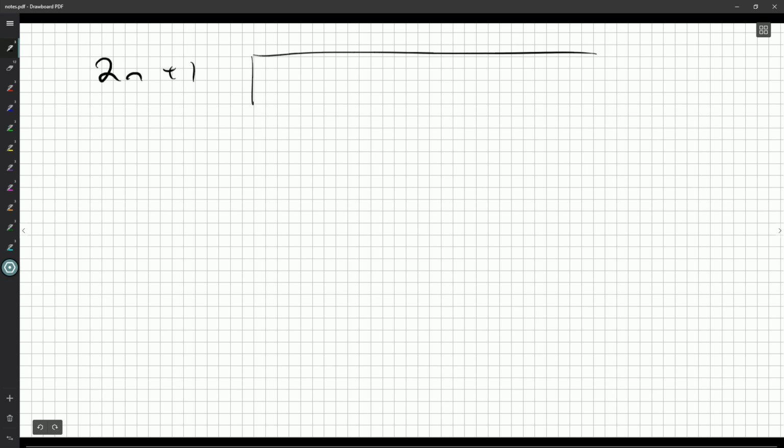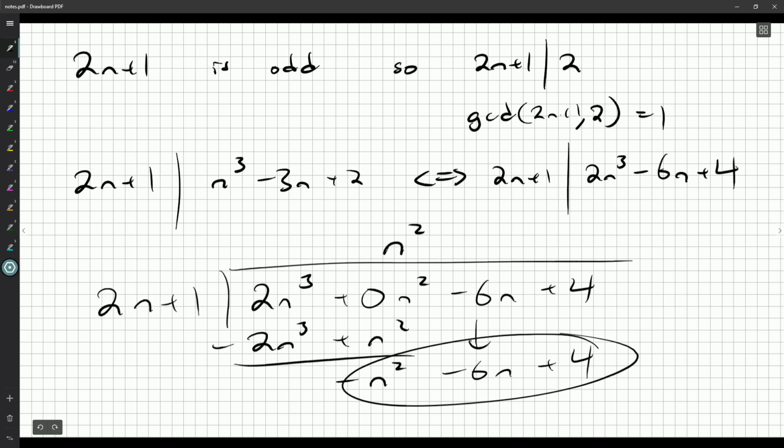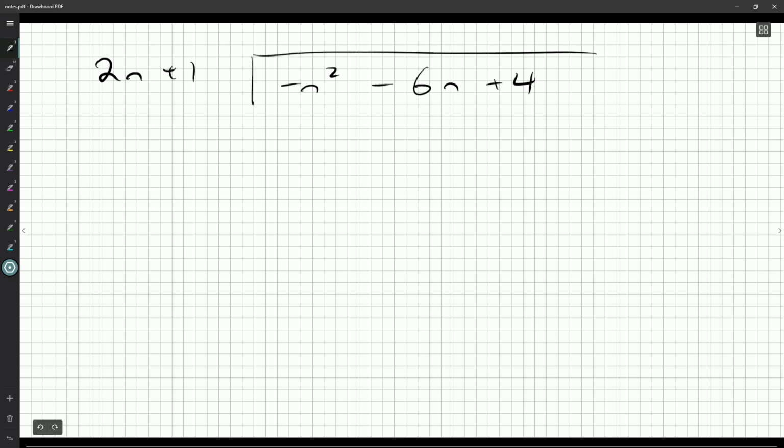Well, 2n plus 1, does that really go into minus n squared minus 6n plus 4? The same problem is going to happen, so let's double it again. Multiplying by 2 doesn't change whether or not this number divides in. And if we want to, we could even make it positive by switching all the signs.